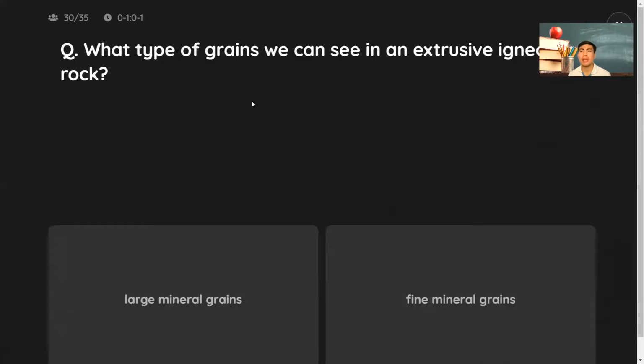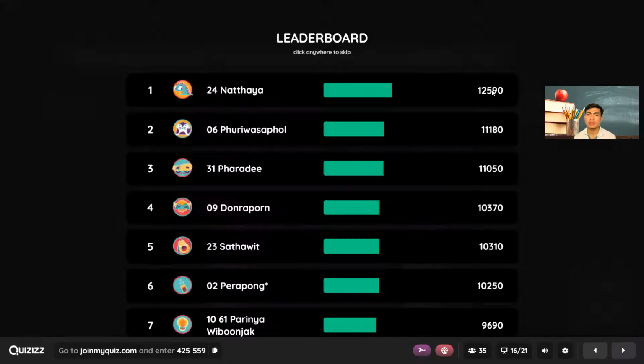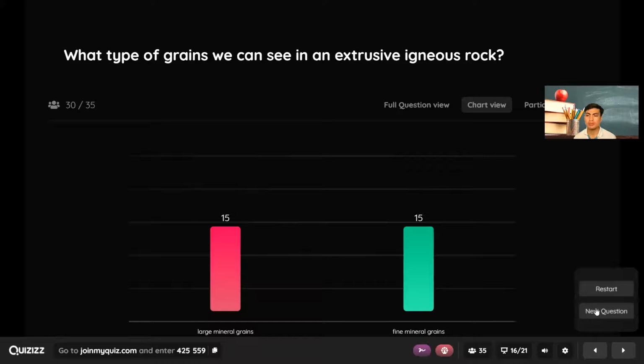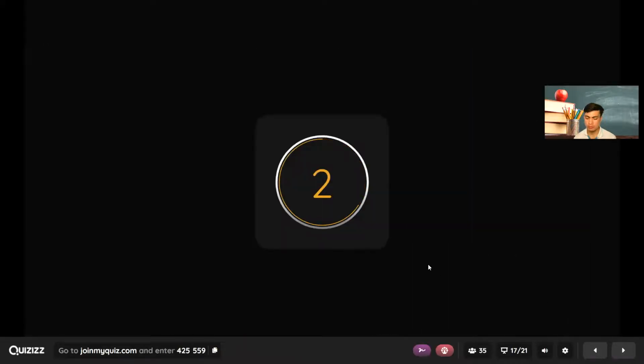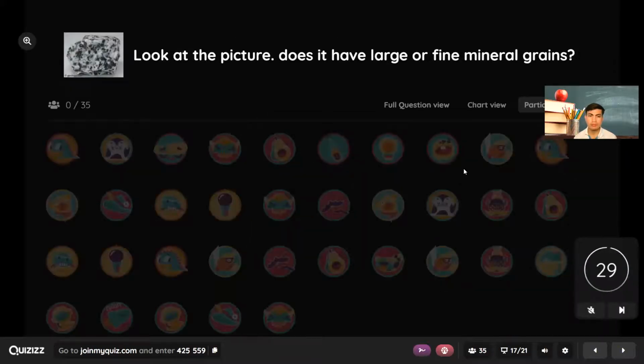Extrusive should have fine mineral grains, right? What's the answer here? Next question. Look at the picture.